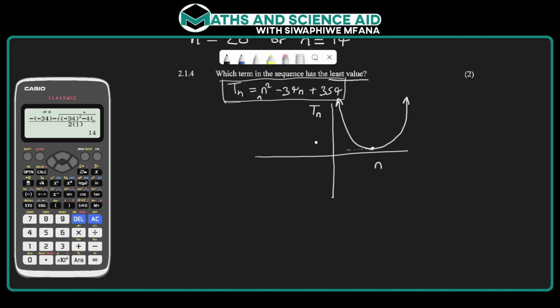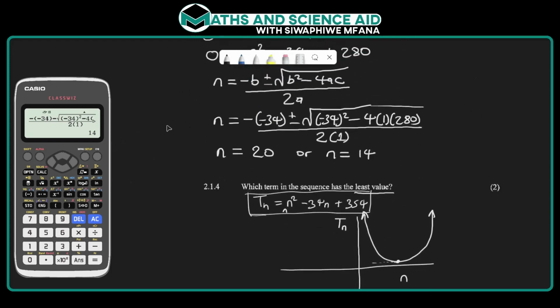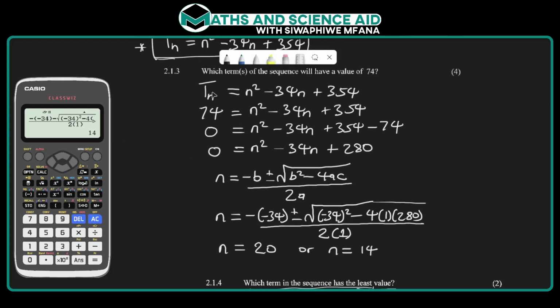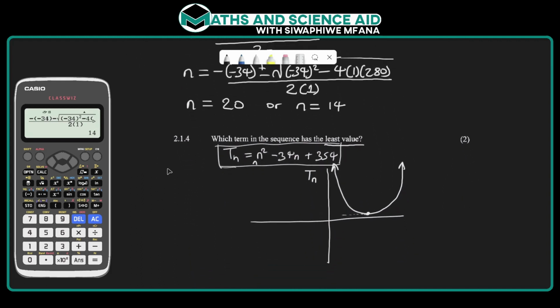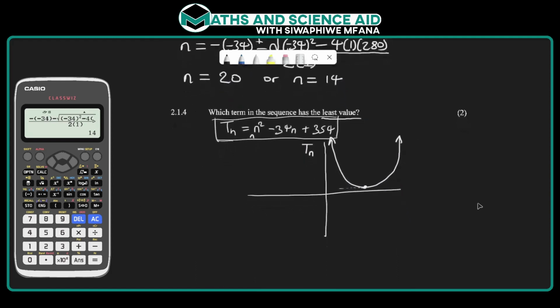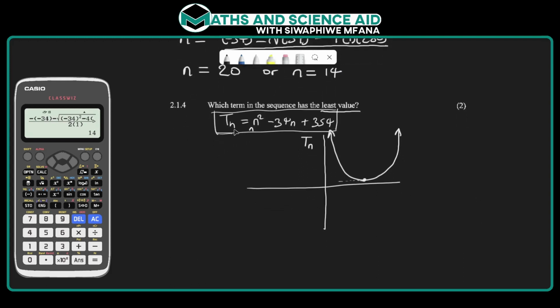And so now, in the previous question, we showed that when the value of Tn is equal to 74, we are going to have n equals 20 and n equals 14. Or in other words, we are going to have two terms, which are term 20 and term 14, that are going to have that value.